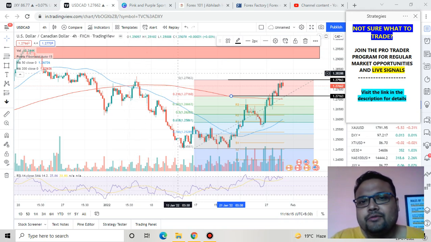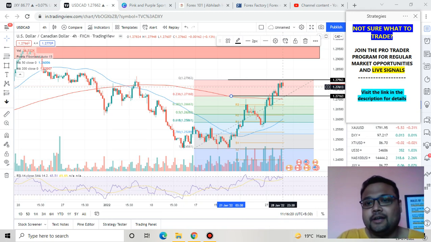So the last traded price of USD CAD is 1.2766. As we all know, DXY, the US dollar, was extremely bullish last week because of the Federal Reserve. The Fed decided to increase the interest rate by March, and the GDP data.